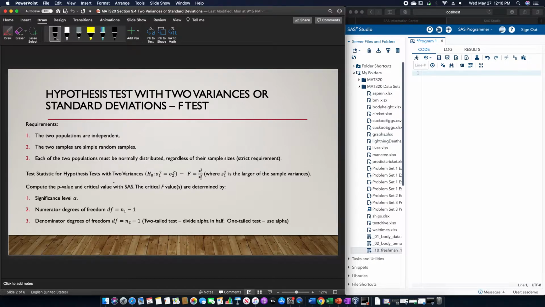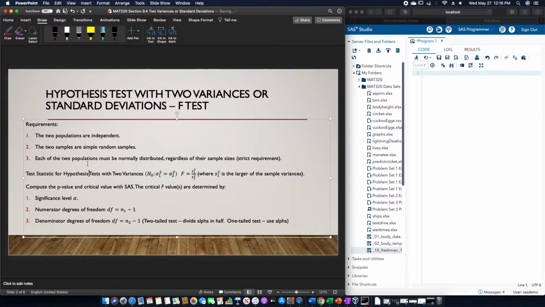The test statistic for hypothesis tests with two variances is that the null hypothesis is that the two population variances are equal, and the F-test, which I'm not too sure why I have a minus symbol between there.